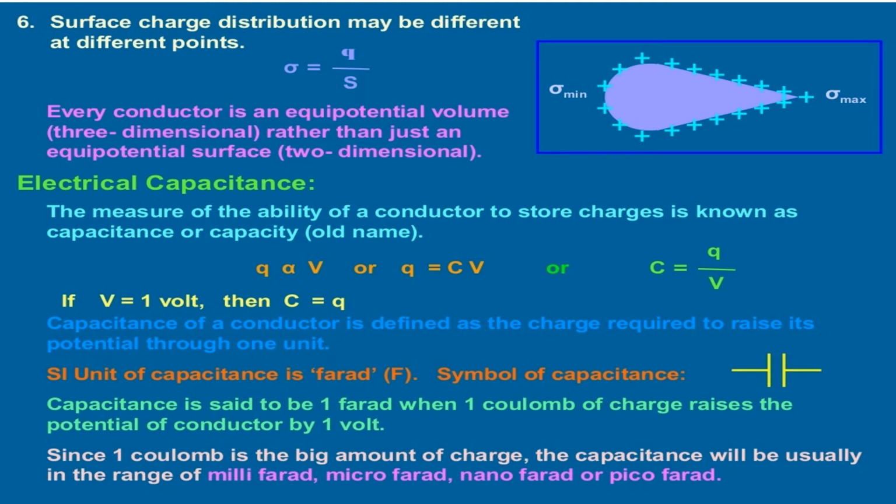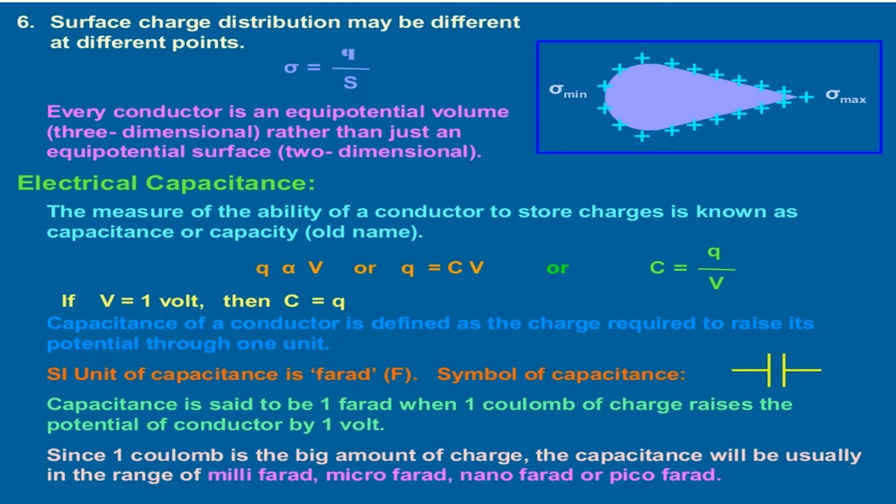Next is electrical capacitance. The ability of a conductor to store charge is known as its capacity or capacitance. When charge is given to a conductor, it raises its potential. The more the charge given to the conductor, the more the potential. That is, the potential of a conductor V is directly proportional to the charge Q present on it.